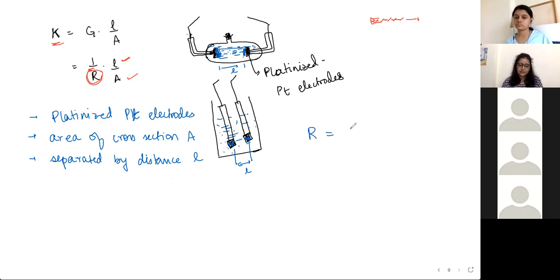Resistance R equals 1 by K into L upon A, and from the resistance you can calculate K. Now, for a particular cell, L and A are constant, so that remains the same. If I'm using this particular container, my L and A are fixed. That quantity, L by A, which is specific to a particular conductivity cell, is represented by the symbol G star. This is called the cell constant.